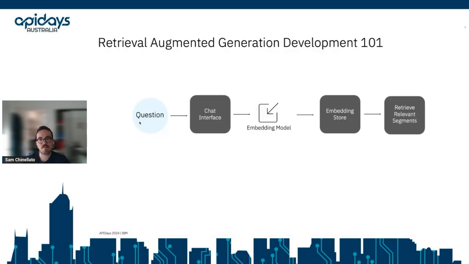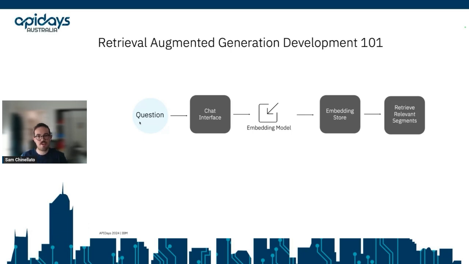For those of you maybe less familiar with developing an AI application, this is a very quick overview of what a simple retrieval augmented generation application might do. As you can see here, we often have a question coming in from our user, submitted through a chat interface. You could think of a chatbot, for example.